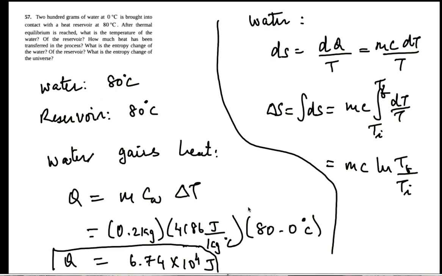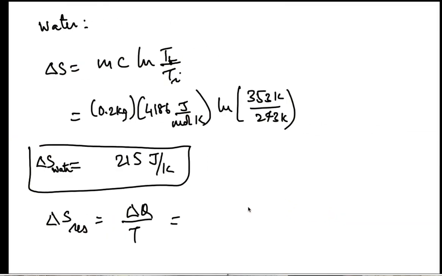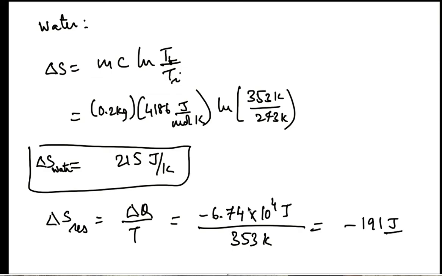And the reservoir loses this much heat, 6.74, so minus 6.74 times 10 to the power 4 joules, and it loses it at a temperature of 80 degrees Celsius, which is 353 Kelvin. And this should equal minus 191 joules per Kelvin.